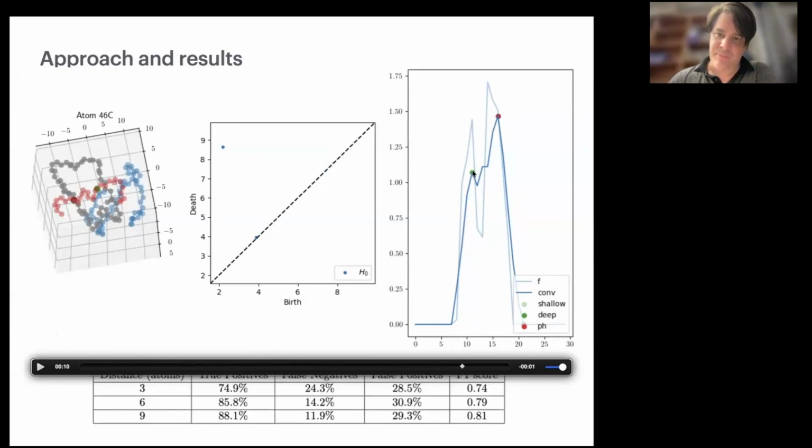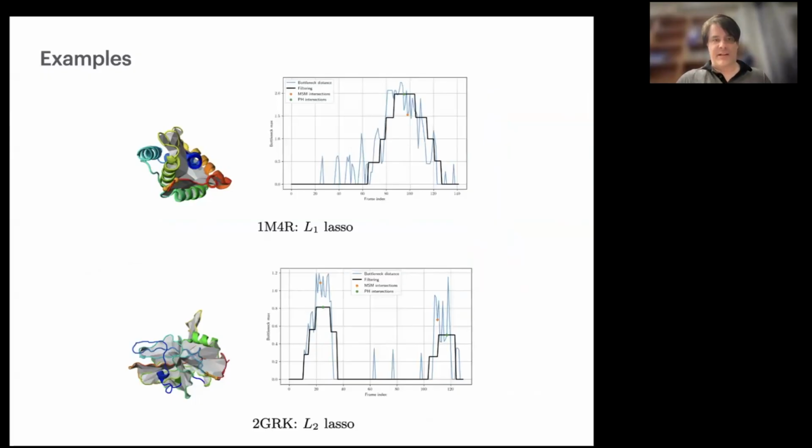This green dot is the theoretical intersection of the minimal surface, and this red dot is the maximum we get of the bottleneck distance. We can see that persistent homology nicely detects the exact position of the piercing of the lasso. I have just a couple of minutes left.